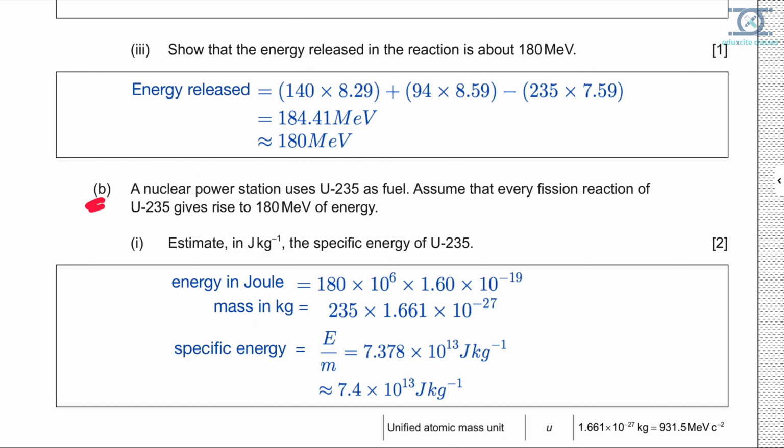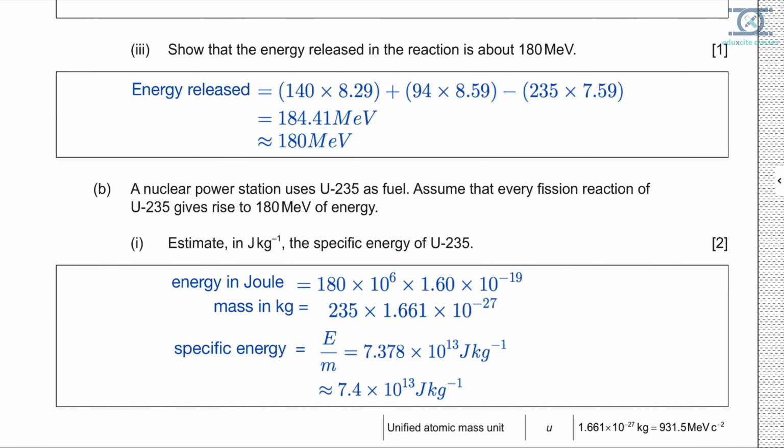Now the B part: it uses uranium-235 as fuel. Assume that every fission reaction of uranium gives rise to 180 mega electron volt of energy. Estimate in joule per kg the specific energy of uranium-235. First of all, we will convert this energy into joule: 180 times 10 raised to power 6 for the mega electron volt, multiplied by the charge of an electron.